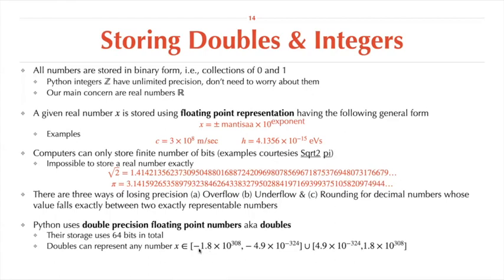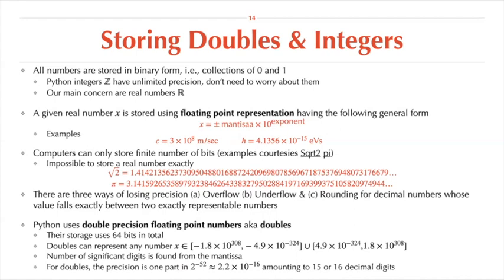If any number goes outside either of these ranges, it will give you either infinity or zero, as we will see next. Your real number that you are trying to store on the computer must be within this range on the negative side, and this on the positive side. The number of significant digits is found from the mantissa. This is pretty much straightforward, and I will also talk about this quantity called precision, or machine precision, later.